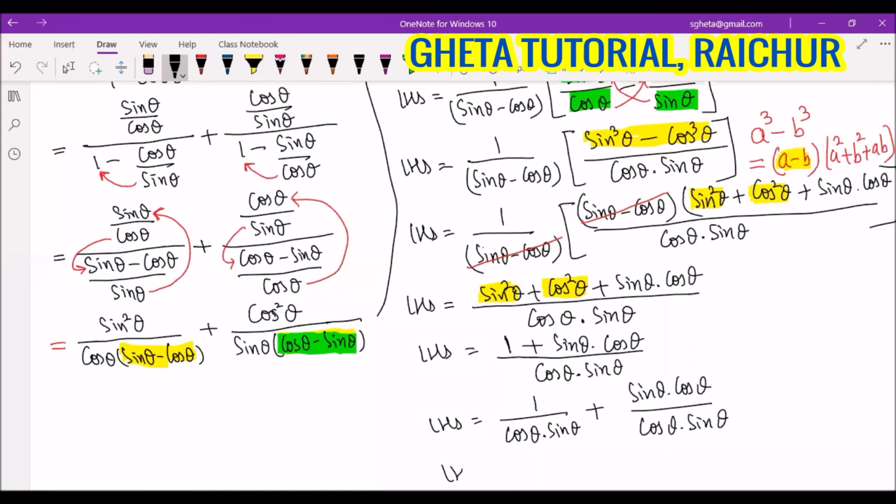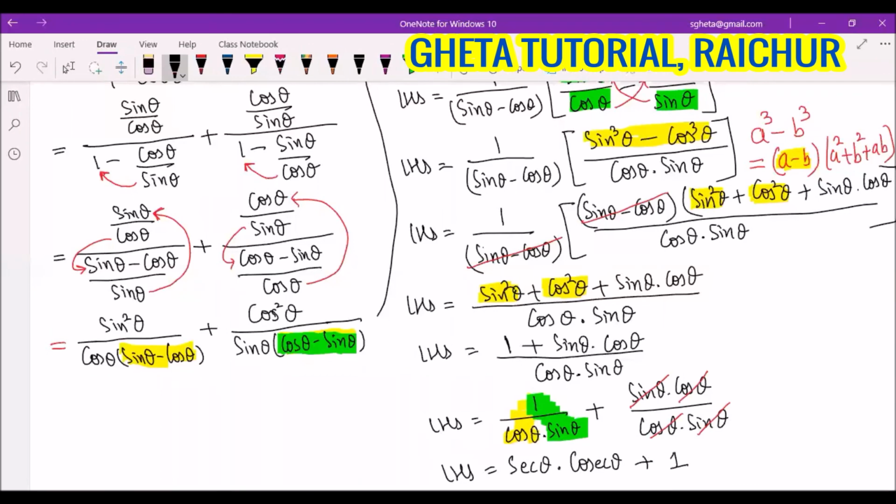As we know, 1 by cos theta is secant theta, and 1 by sine theta is cosec theta, plus, now I can cancel the sine theta and cos theta, so the 1 is remaining.